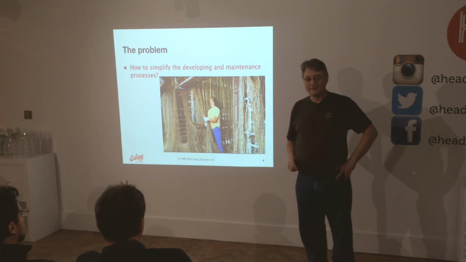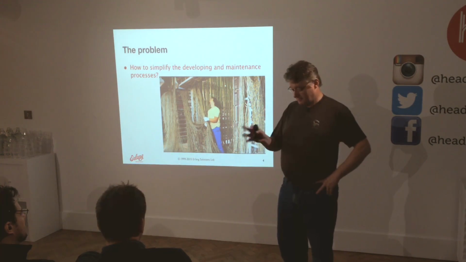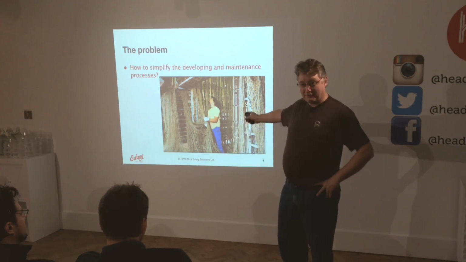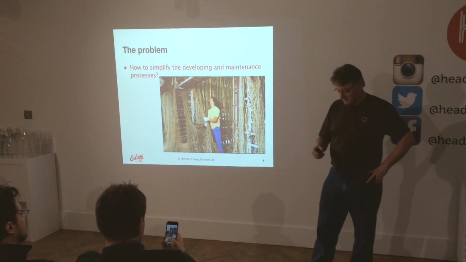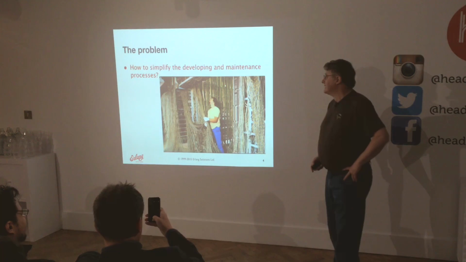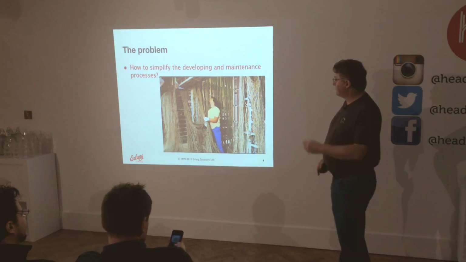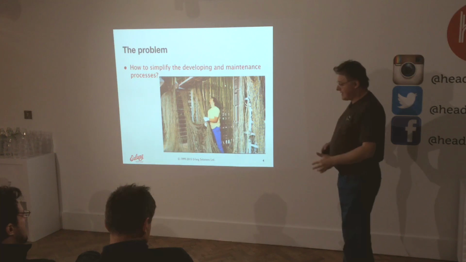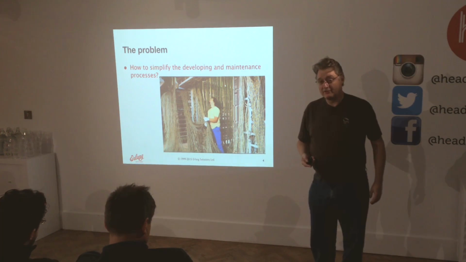If you had an exchange with a few 100,000 connections to it, you could have a few 100,000 of these wires coming in, and they actually look like that. It's quite fantastic. It actually worked, to be honest. So, by the way, can you hear me? Yeah. Right, great, thanks. So that was one of the things the lab was supposed to look at. How can we improve developing and maintaining these types of systems?